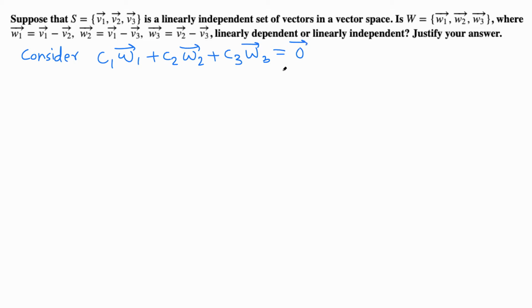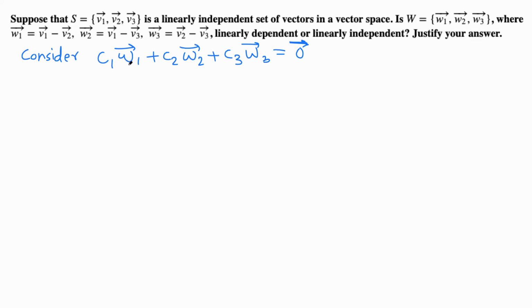So we consider this vector equation, and if we are able to show the only solution of this equation is c1 = 0, c2 = 0, c3 = 0, the trivial solution, then w1, w2 and w3 are linearly independent. But if we are able to show that at least one of these three constants is non-zero, but still this linear combination is 0, then these vectors are linearly dependent. Okay, so we consider this.